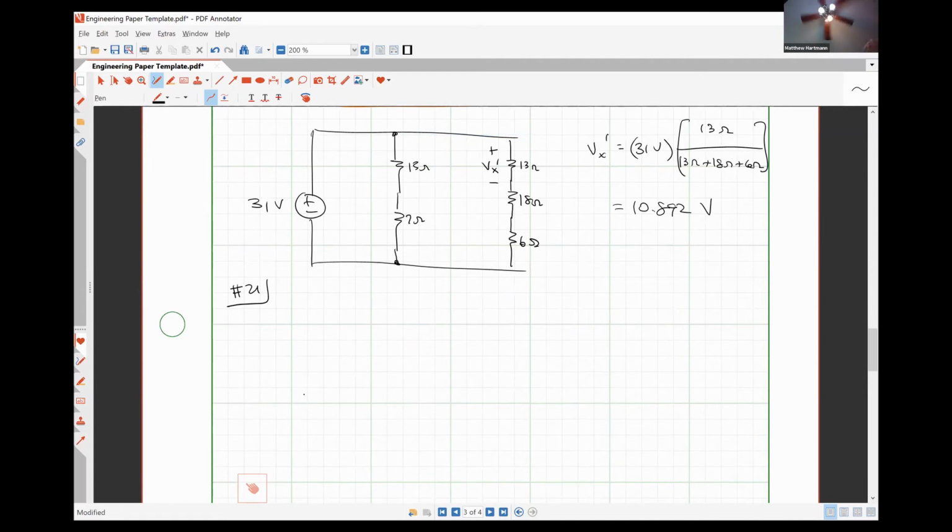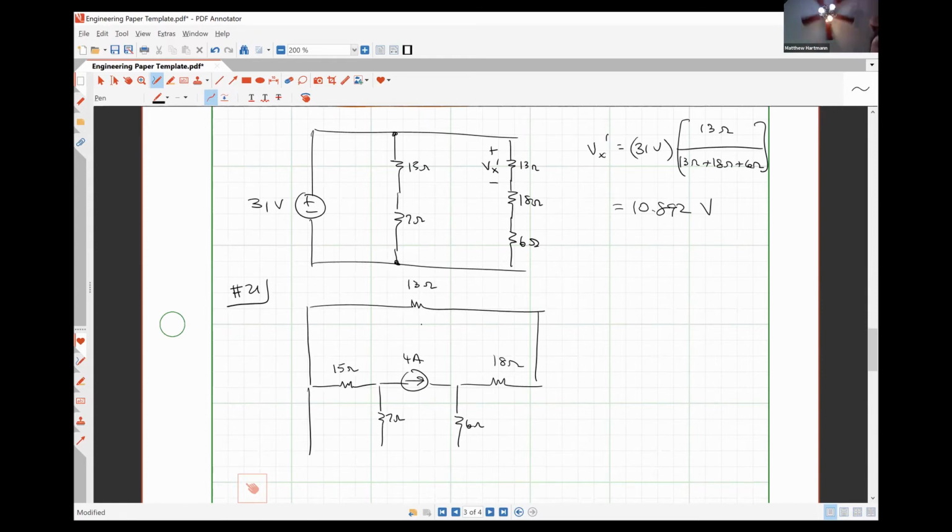So my 31 volts is off. 15, 7, 4 amp, 6 ohm, 18 ohm, 13 ohm, VX double prime. Positive polarity on the left, negative polarity on the right. All right.